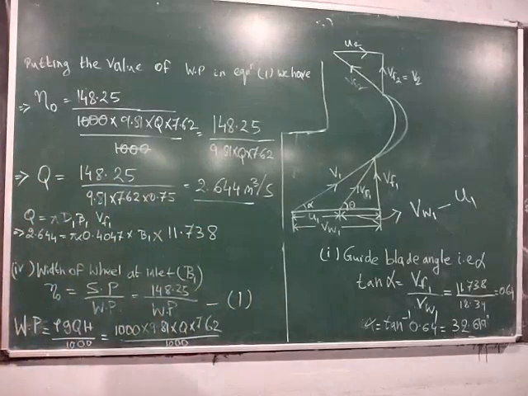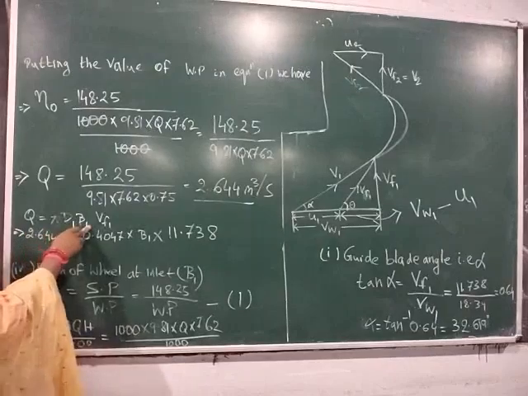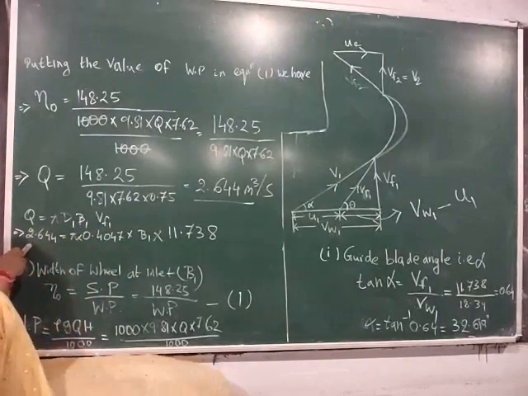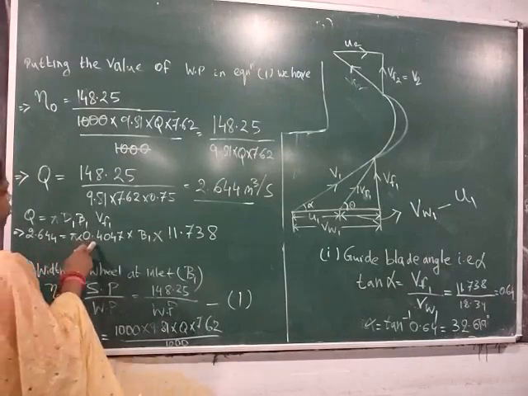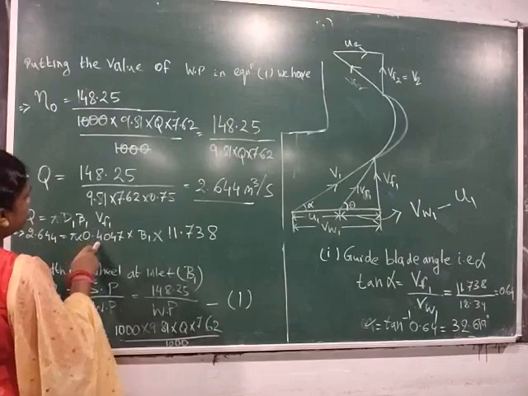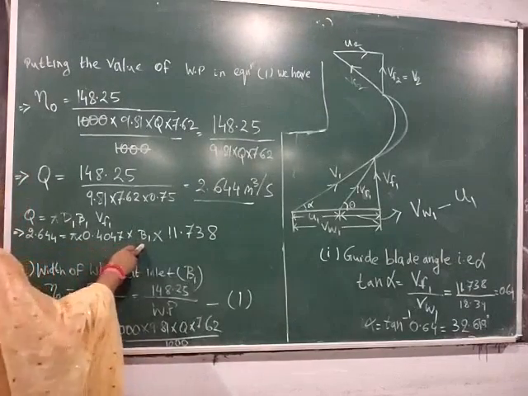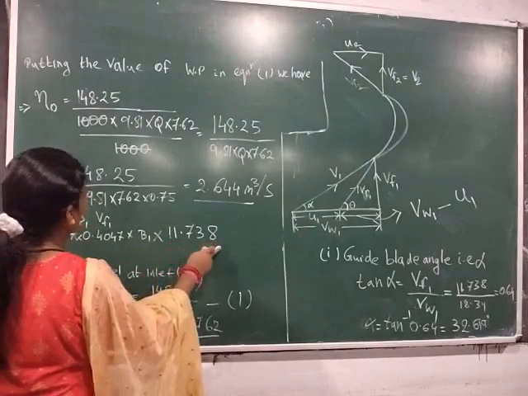Next, you know Q is equal to pi d1 b1 into Vf1. Putting the value of Q, 2.644 equals pi into d1, which is 0.4047, into b1 into Vf1 as 11.738.